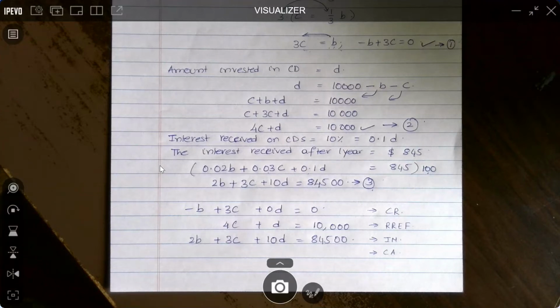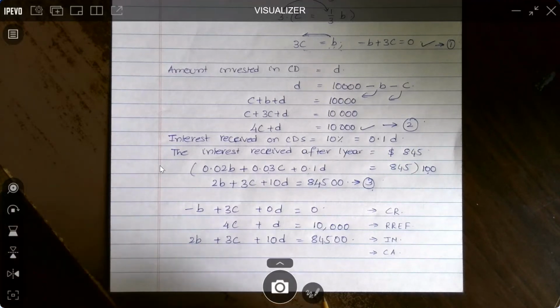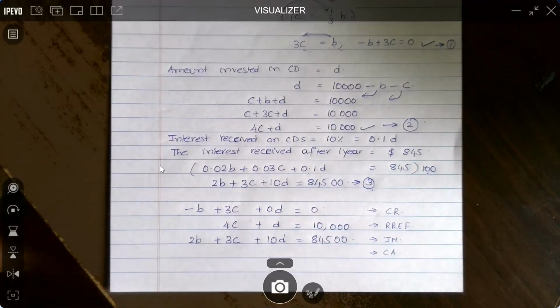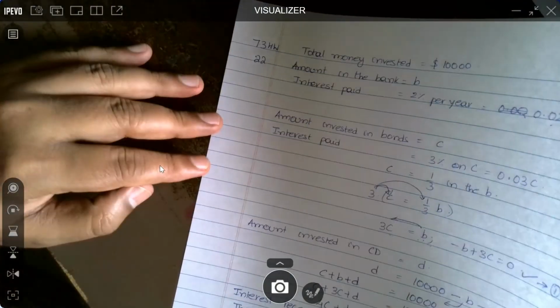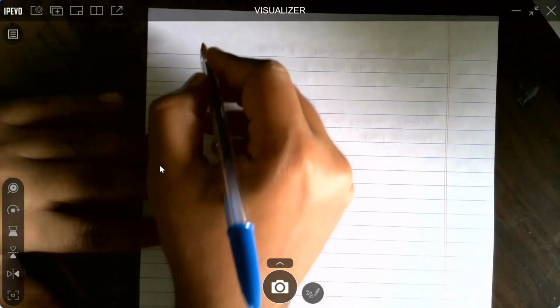When you solve it, what I got was, let me show that to you. Let me copy these 3 equations.